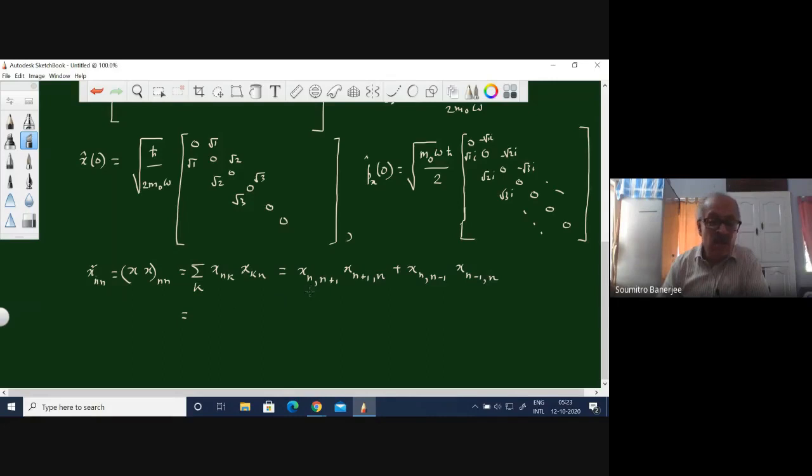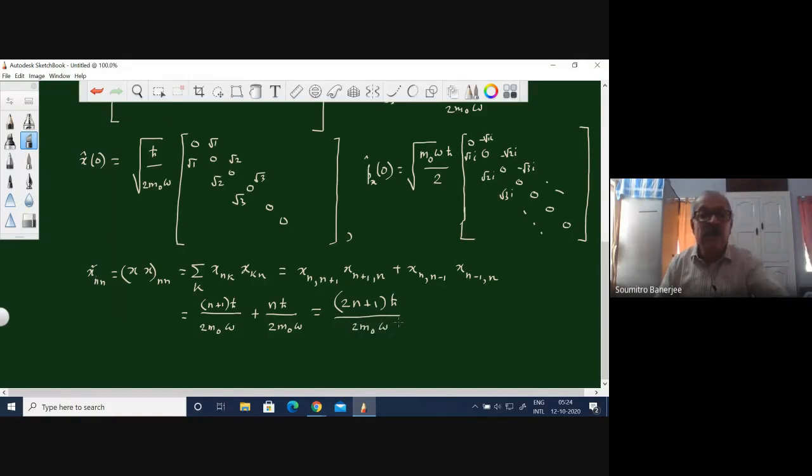And these elements we know, so we substitute. It will become n plus 1 h cross by twice m naught omega, that's the first one, plus n h cross by twice m naught omega, and when you add these two, it will become twice n plus 1 h cross by twice m naught omega.